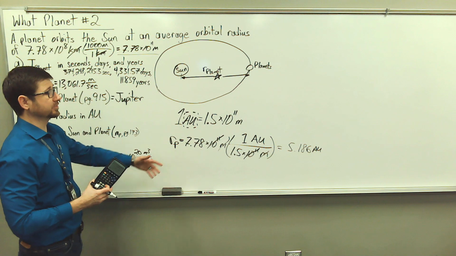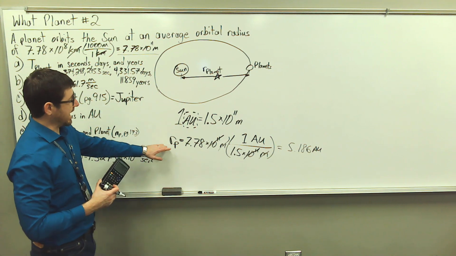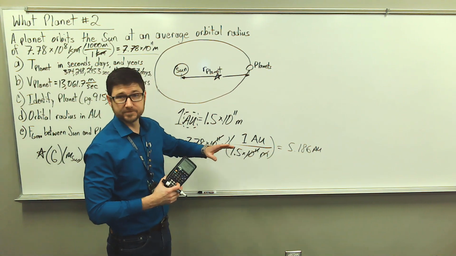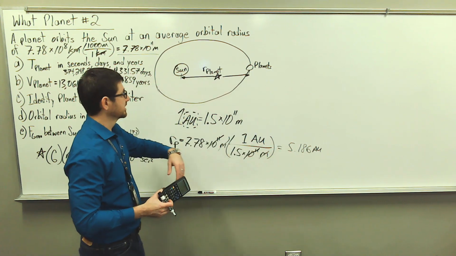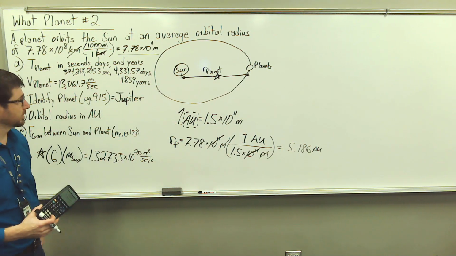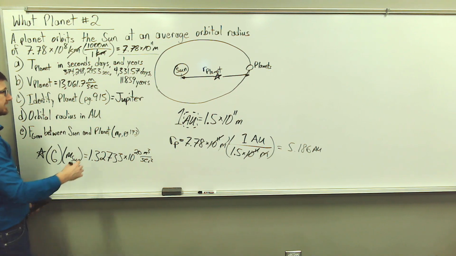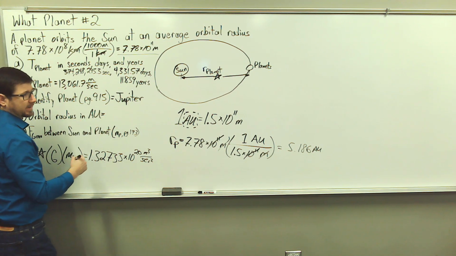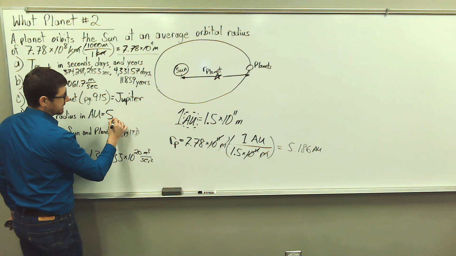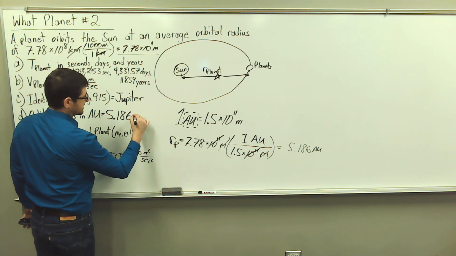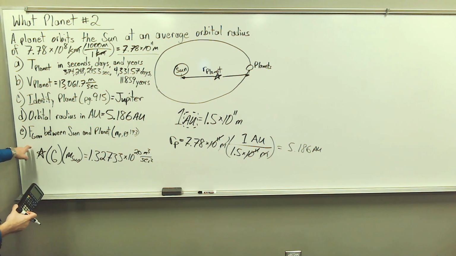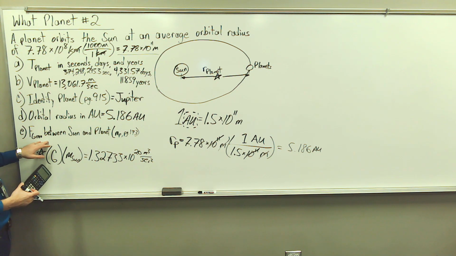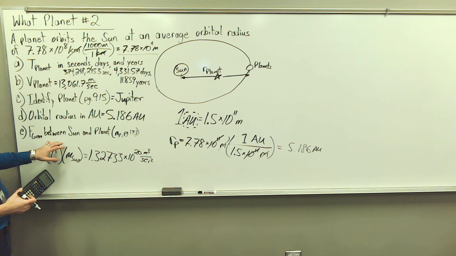So what we can say is that the average orbital radius of Jupiter is 5.186 times Earth's average orbital radius. So in part D, the average orbital radius of Jupiter is 5.186 AU. Okay?